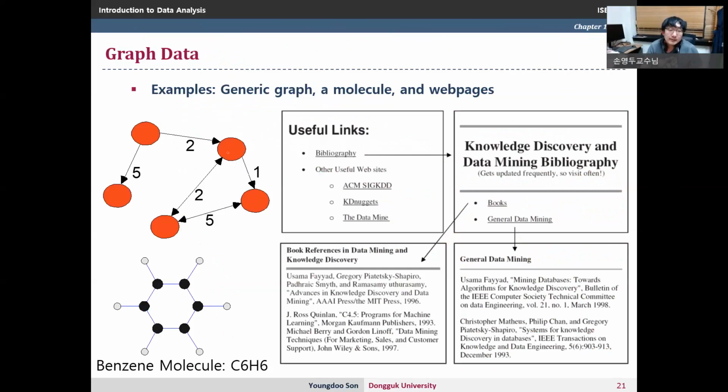And these are the examples of the graph data. Graph data has nodes and edges, and the example of graph data is the chemical molecules. And this one is the hyperlinks worldwide. In the World Wide Web, this one is hyperlinks. And these edges can be both directed or undirected.